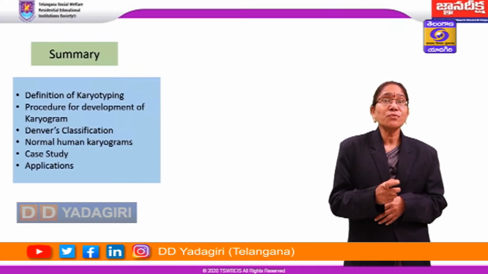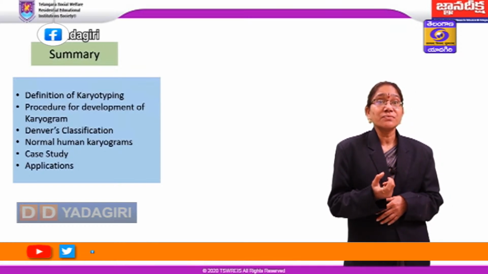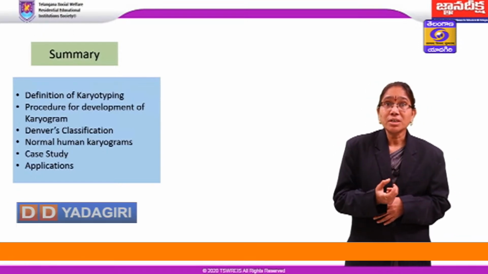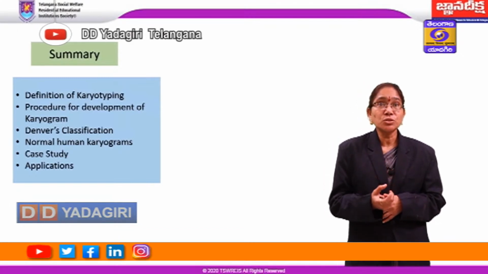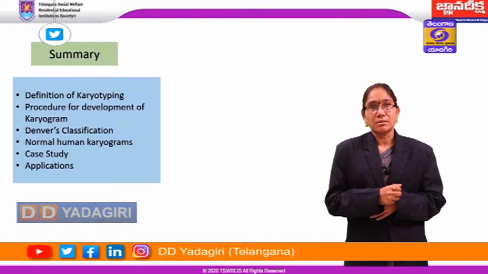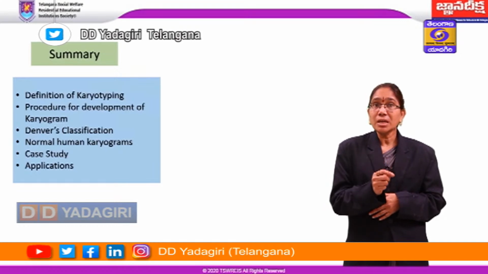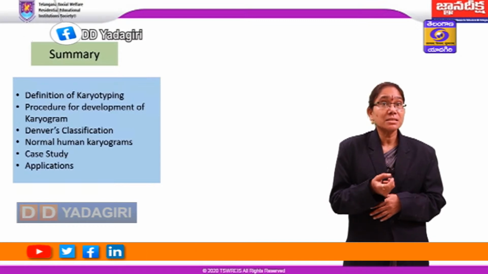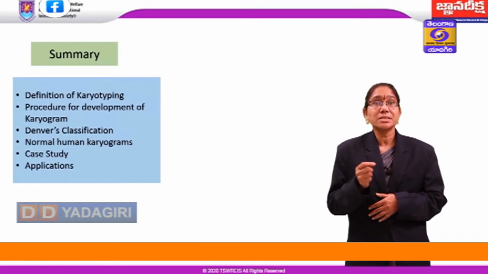For arrangement of chromosomes in a karyogram, we followed the Denver classification system. According to Denver, 23 pairs of human chromosomes are grouped into 7, A through G. Group A, large metacentric. Group B, large submetacentric. Group C, medium-sized submetacentric. Group D, medium-sized acrocentric.